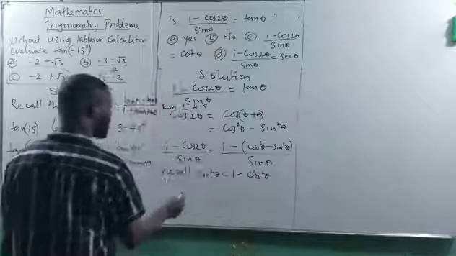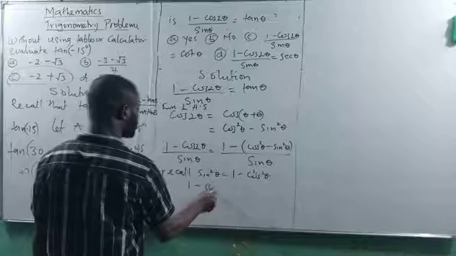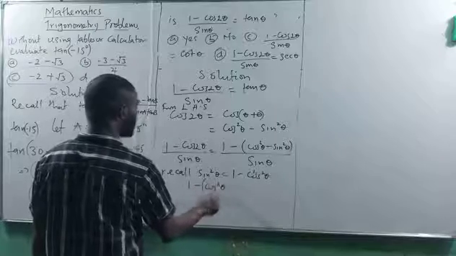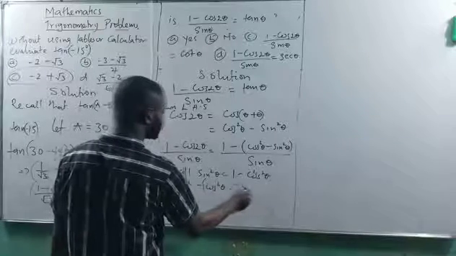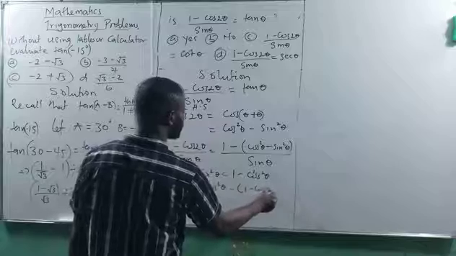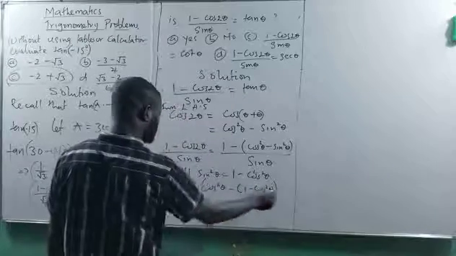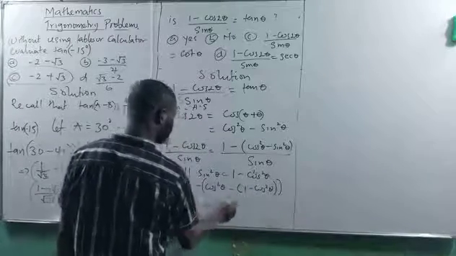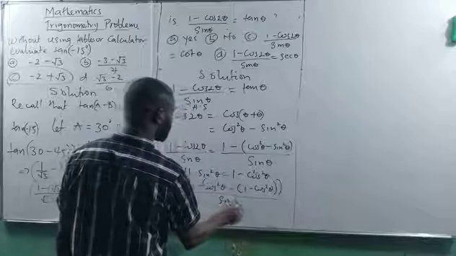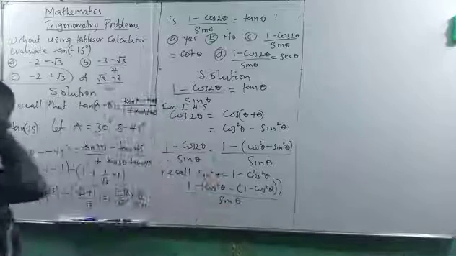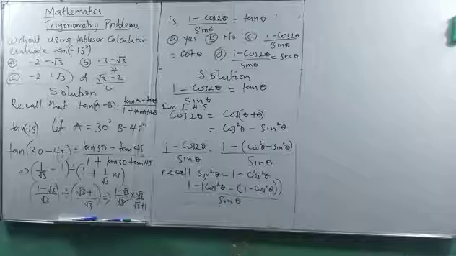Now at this junction I can say that 1 minus cos square theta minus bracket of 1 minus cos square theta, close the big bracket, divided by sine square theta. Now, can you see the way I'm trying to figure things out?